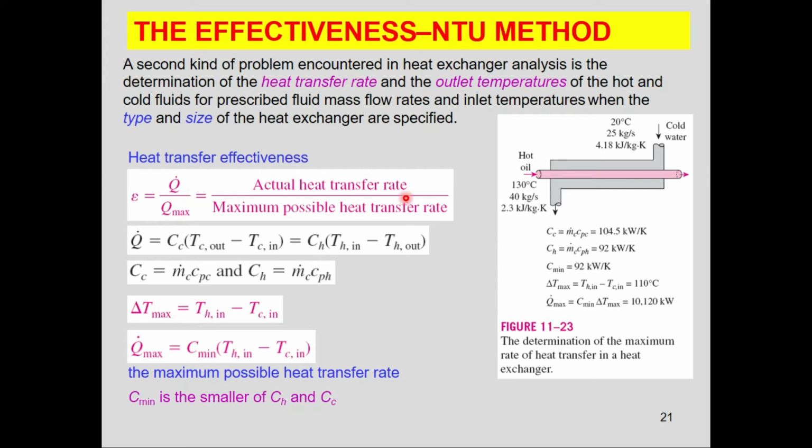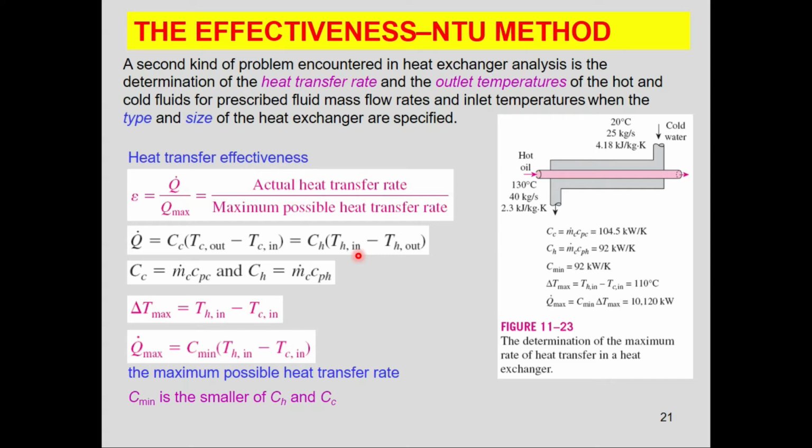The actual heat transfer rate in the heat exchanger can be determined from an energy balance that we have already performed in the previous slides, and this energy balance for the hot and the cold fluids can be expressed by these formulas. The heat transfer rate Q is equal to the heat capacity rate of the cold fluid multiplied by the temperature difference in the cold fluid, and is also equal to the heat capacity rate of the hot fluid multiplied by the temperature difference in the hot fluid stream.